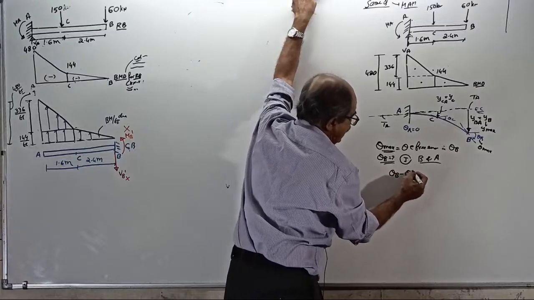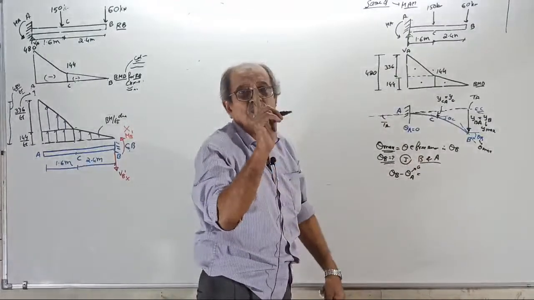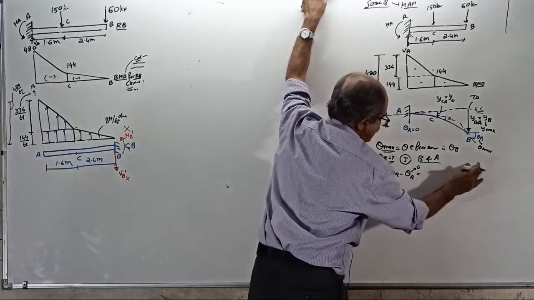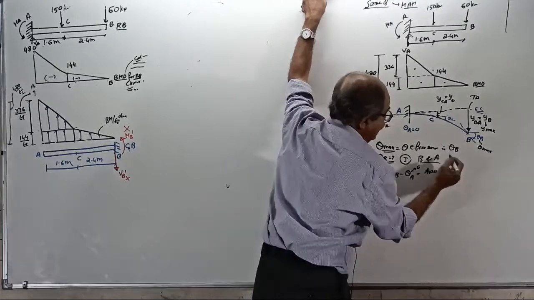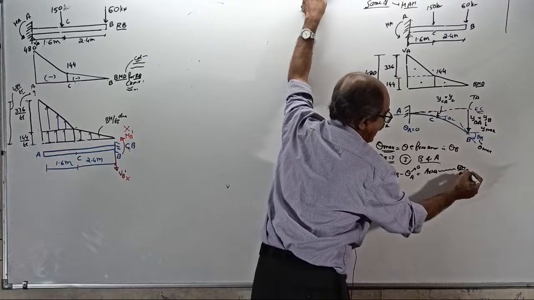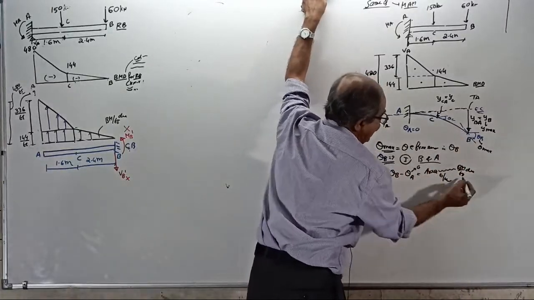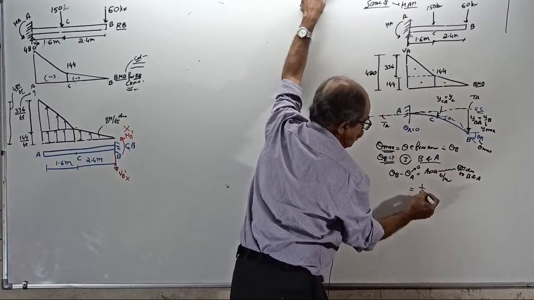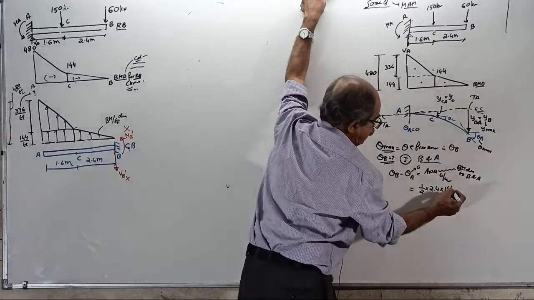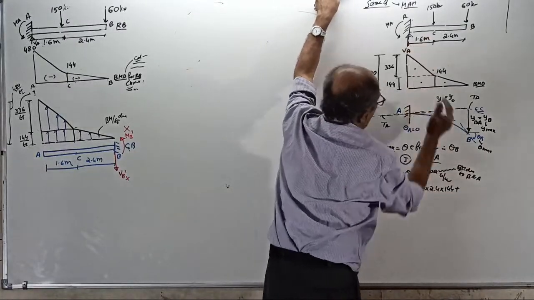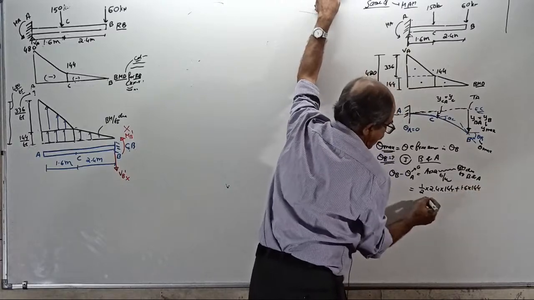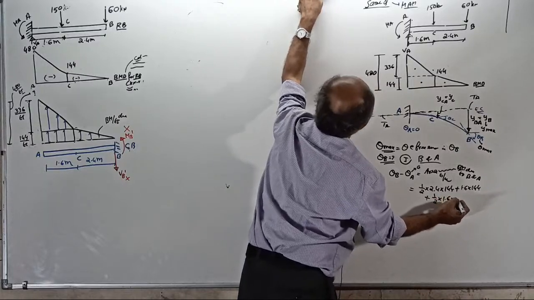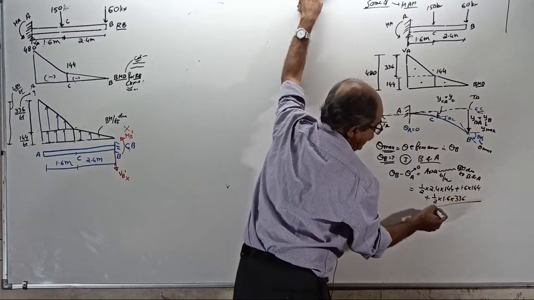Theta B minus theta A equals the area of the BM by EI diagram between B and A. Half into 2.4 into 144, no sign, plus the rectangle 1.6 into 144, plus one more half into 1.6 into 336, everything divided by EI.